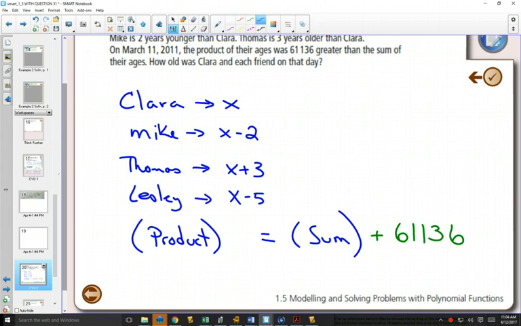Now, writing this with x's is the next part. What does it mean when I say a product of their ages? It means I'm going to take all of their ages and multiply them together. What would that look like? x times x minus 2 times x plus 3 times x minus 5.